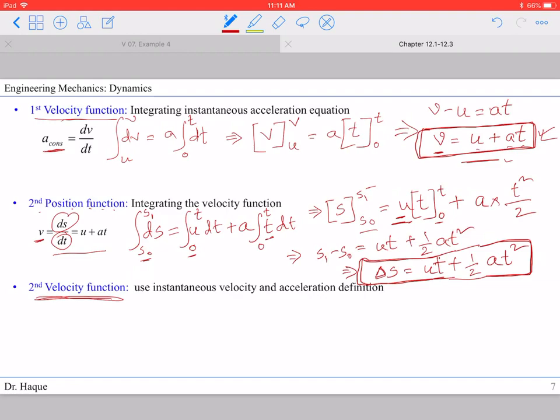So for instantaneous velocity, we know v equals to ds over dt.